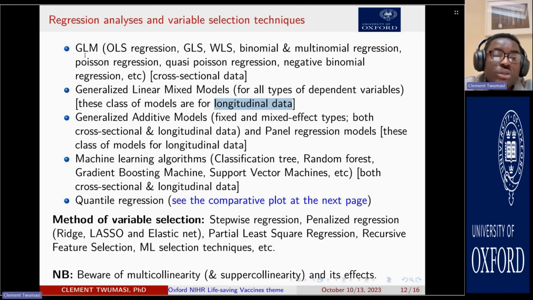But here I'll just touch on the cross-sectional case. For a generalized linear model, where the data is cross-sectional and you are using an OLS regression, that is what I just explained above, where you are trying to predict the mean of a single outcome and ascertain that those parametric assumptions are met.